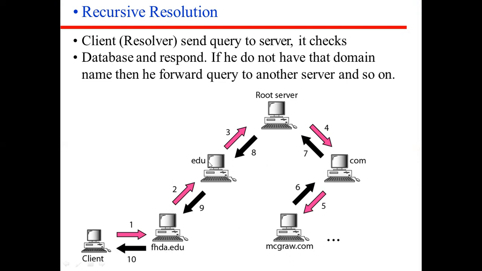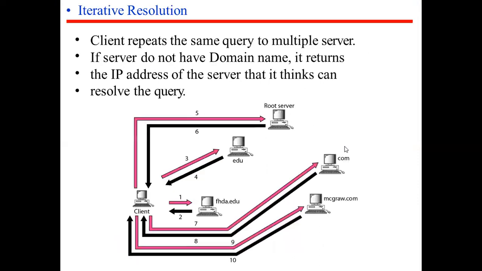Then for resolving purpose, it again goes to the edu server, then the root server. And if it is not available here, then it again navigates to another server, then again macro.com, and then it will be responding to the client system. Suppose that system gets that specific domain, at that time it just responds. Okay, so that way the DNS will be resolved.